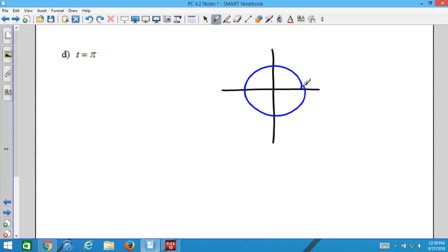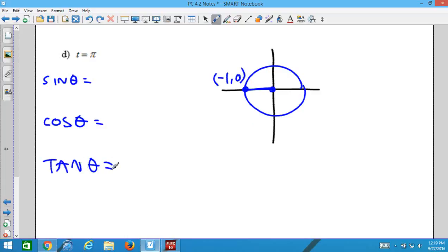Okay, this one, t equals pi. Do you know where t is pi? 180, so we're going to go here to here. That's another quadrantal. We're going to use our ordered pair, -1, 0. So sine of theta, sine is y, 0.